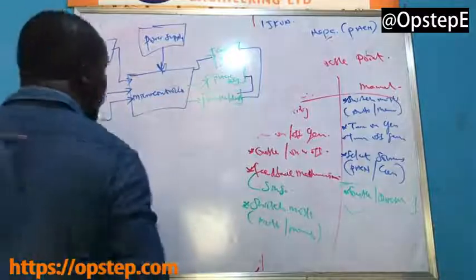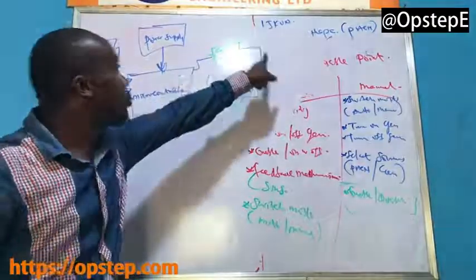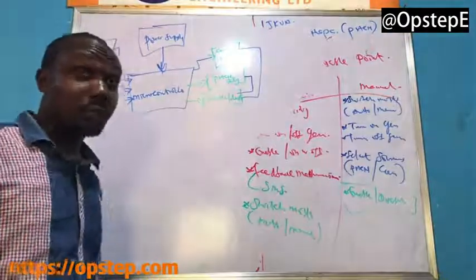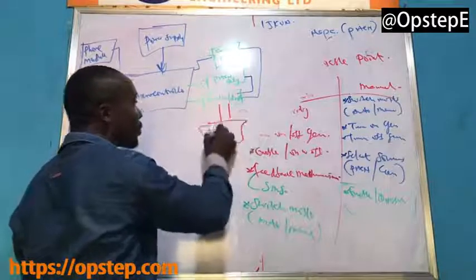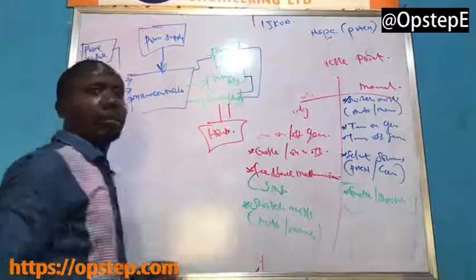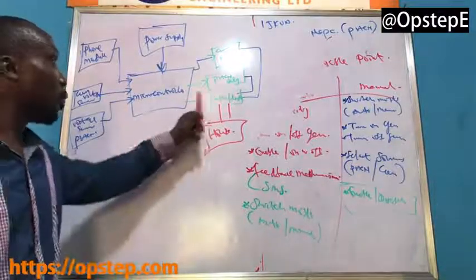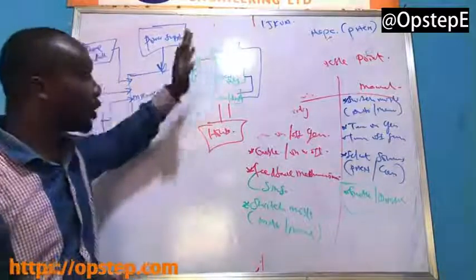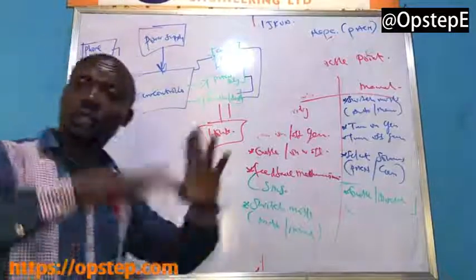Alright, where did I stop? So I said the generator relay and the NEPA relay all have to feed this enable disable. It is from this enable disable that you can then feed into the house. Are you getting me? But don't forget that in auto mode, this enable is enabled, so that whether there's NEPA or there's generator, there's light in the house, depending on which of the sources is available.